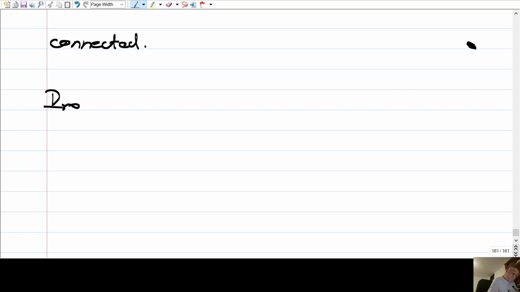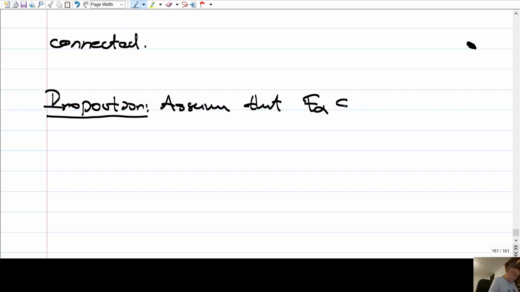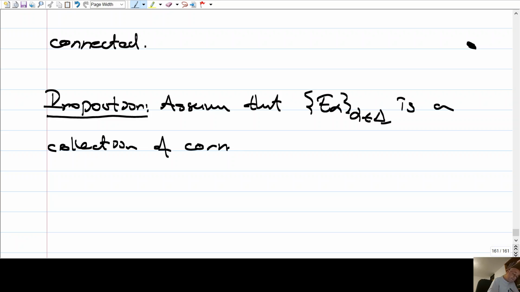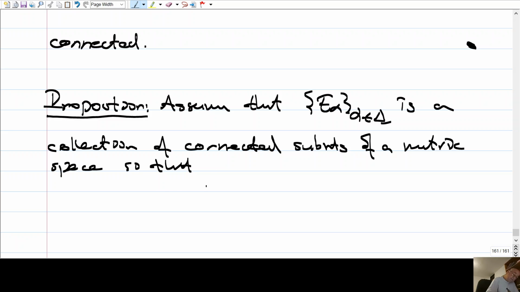All right. Another simple result is the following. Assume that E alpha, for alpha in some index set, is a collection of connected subsets of a metric space, so that the intersection of all of them is not empty.